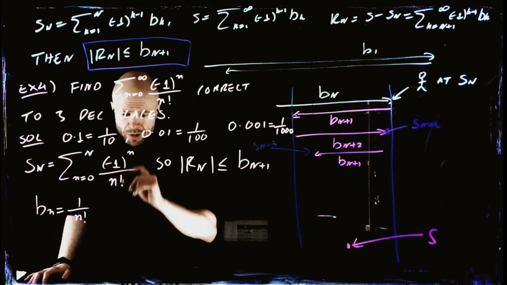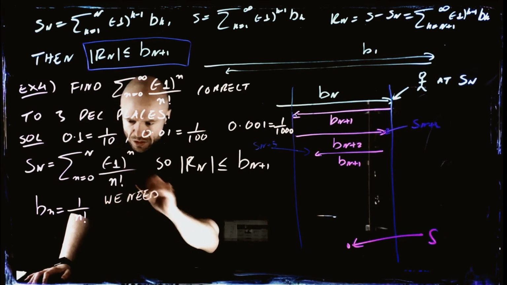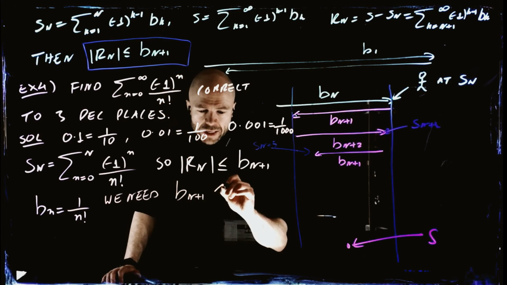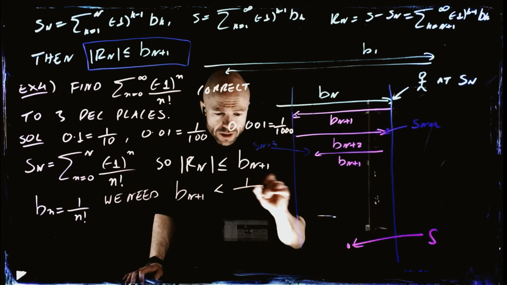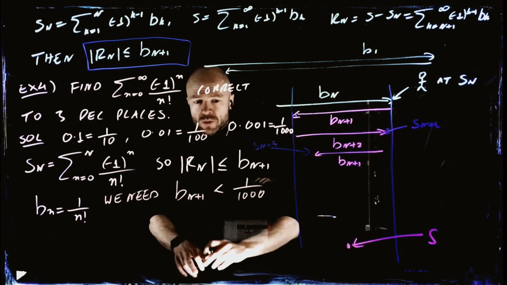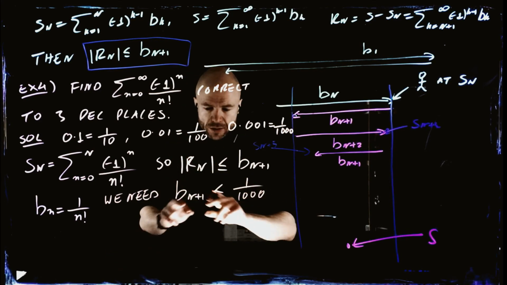So let's write down in words what we need. We need B of capital N plus 1 to be less than 1 over 1,000. Because by the theorem, if B of capital N plus 1 is less than 1 over 1,000, then we are within 1 over 1,000 of the answer. That's what we need.